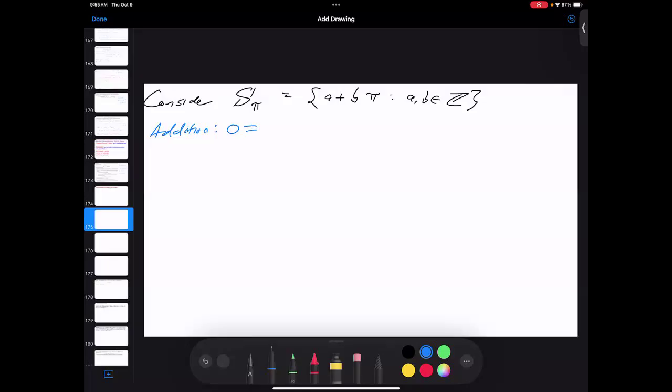How could we write zero in the form a plus b pi with a and b integers? You have to give me values of a and b such that a plus b pi equals 0. What could I do? Set a and b to 0. Yes, a and b are 0. 0 equals 0 plus 0 pi.